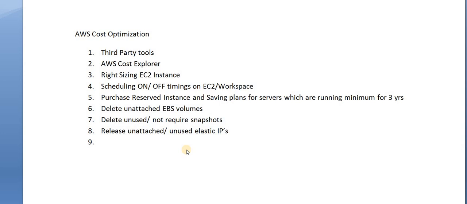So for the next point, I want to give you a scenario. Let's assume you have your AWS file server. One of your EC2 instances is a file server with multiple shared drives, and users access all those shared drives.